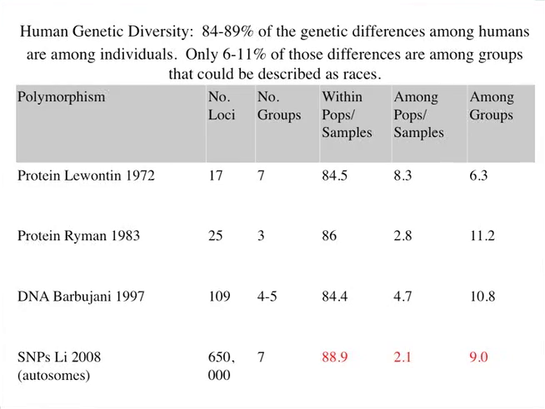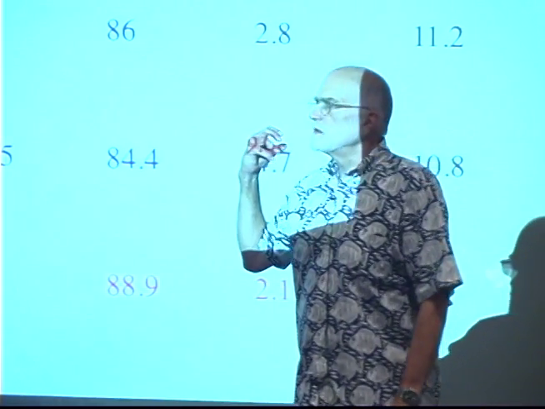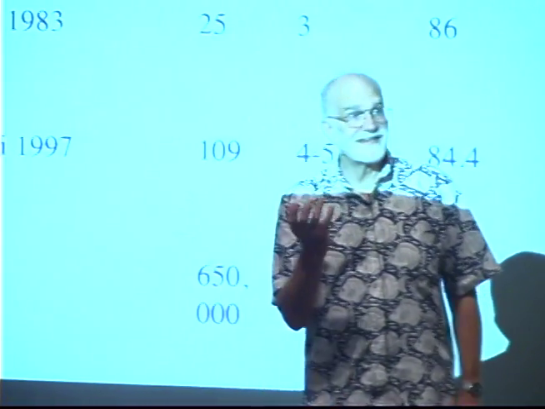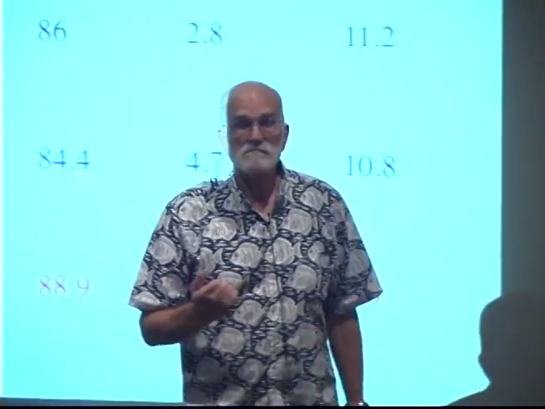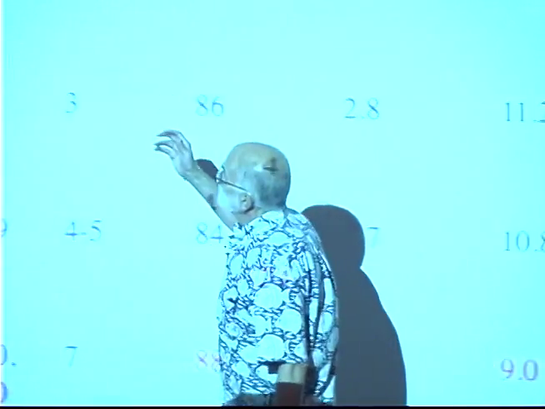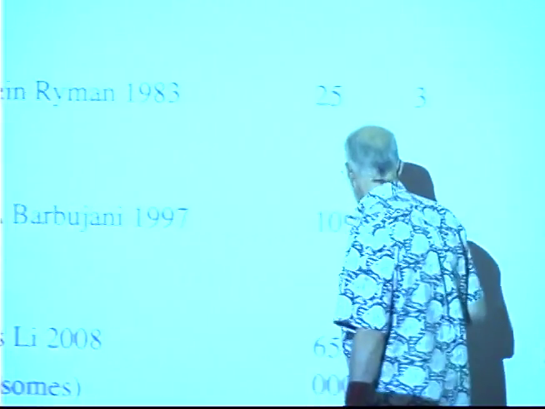This is the summary slide on are there human races? The answer is that whole idea that ethnicity or skin color or something like that gives you very much explanatory power is not very great. These are studies that accumulate from 1972 with proteins up to the SNP study that I just showed you.